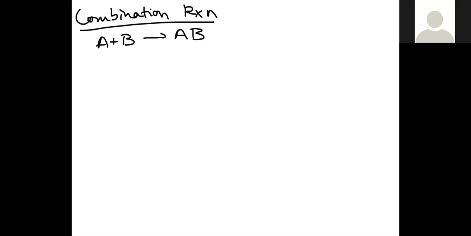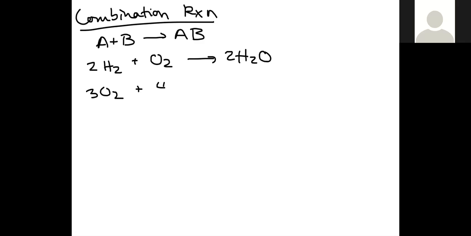So these are things like 2H2 plus O2 creates 2H2O. Or 3O2 plus 4Fe goes to 2Fe2O3. More than one thing combining to make one thing.